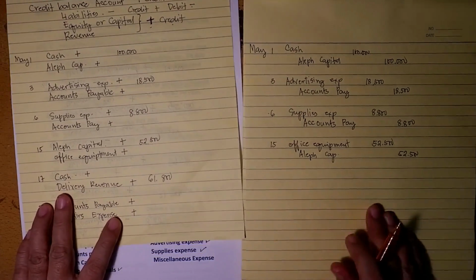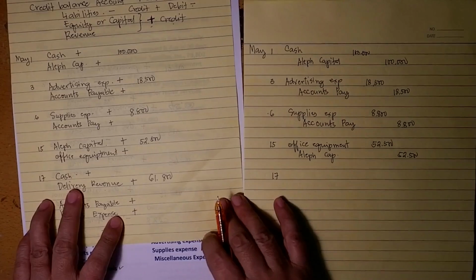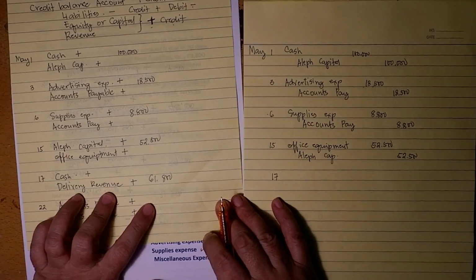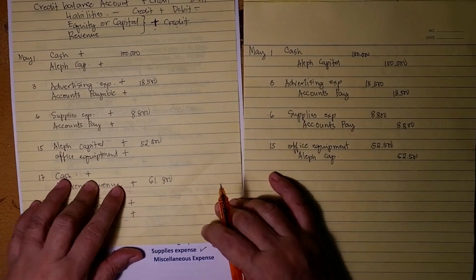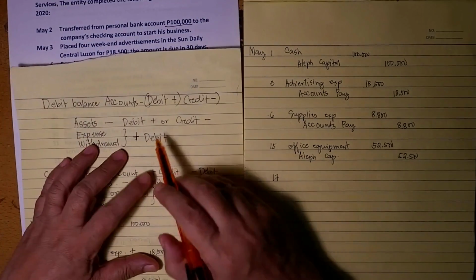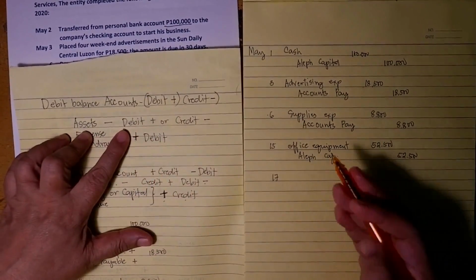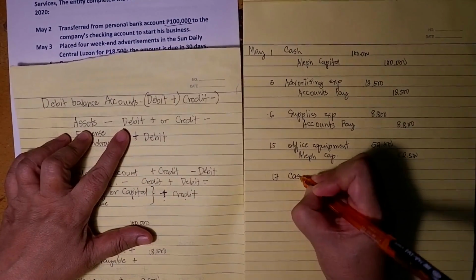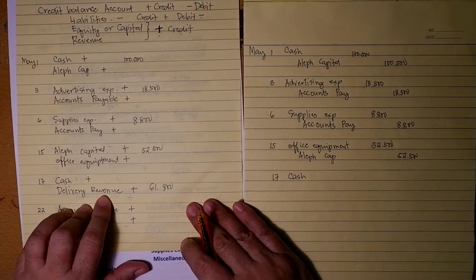Then we have 17. We have cash and delivery revenue. Cash is plus. So cash is an asset. So how are we going to increase our asset? It is debit. So we have cash and we have delivery revenue.